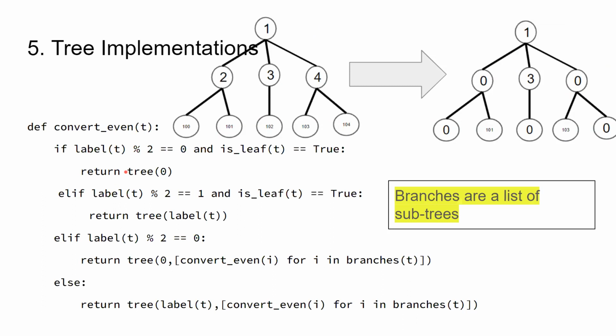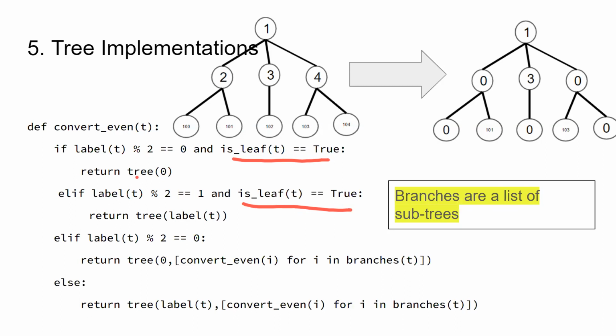So yeah, we have to check if it is a leaf first, which is actually the base case. And the first one is if it's a leaf is true. So label of t mod 2 satisfies two conditions. One is this is a leaf, another one is this is even.